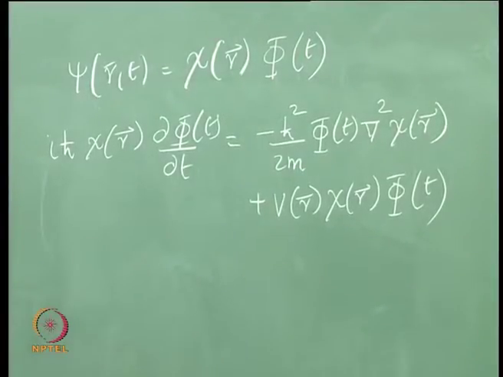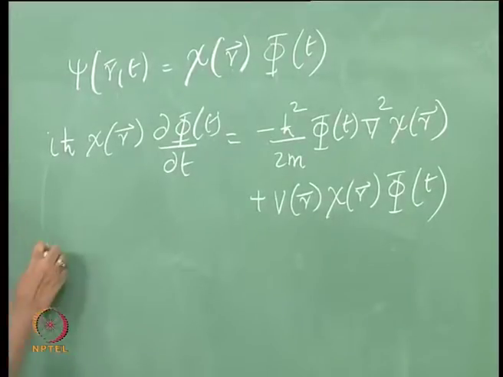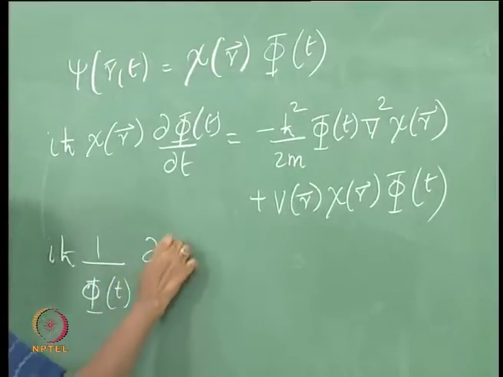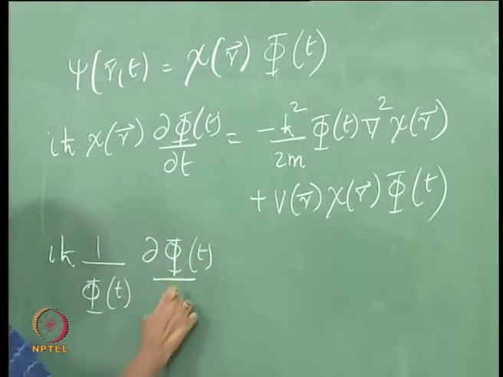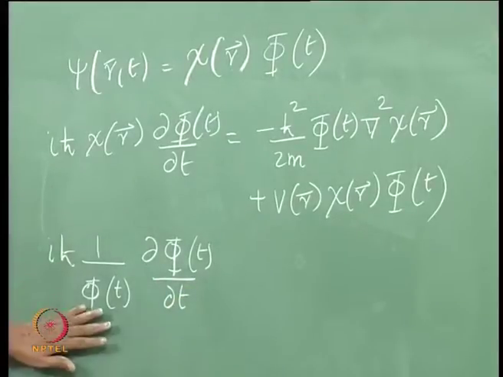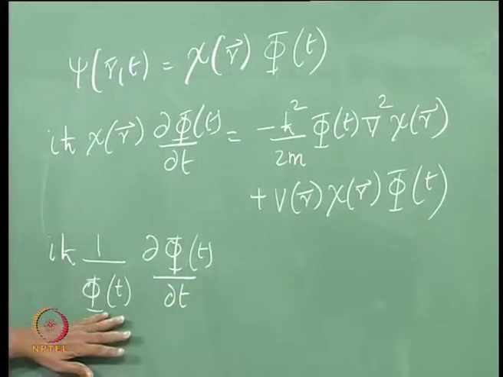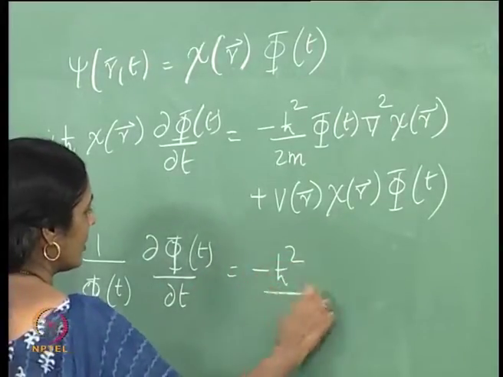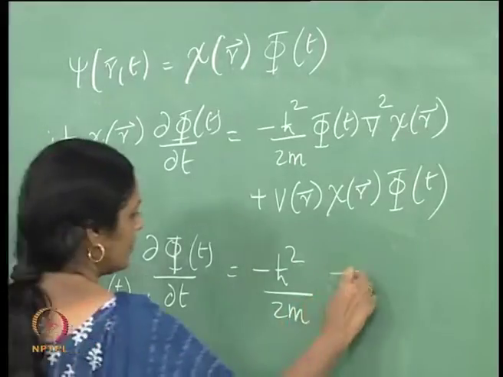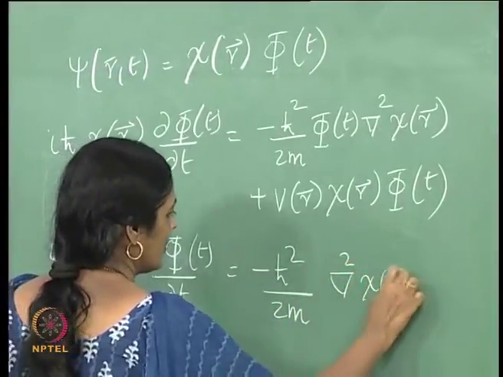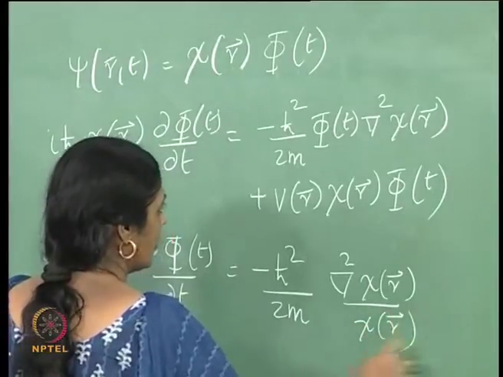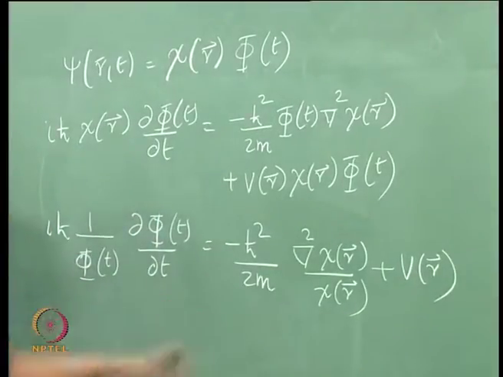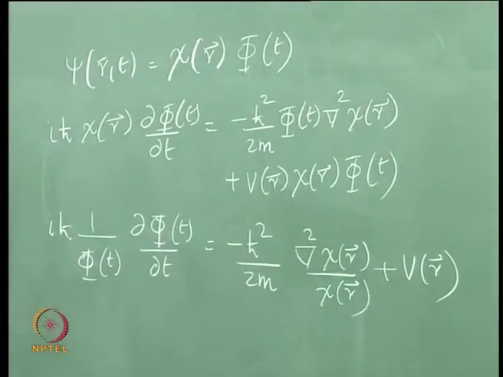Can divide throughout by χ(r) φ(t), and if I did that, the left hand side does not depend upon the space coordinate at all. This is only dependent upon time. And as to the right hand side, plus V(r), does not depend on time at all.